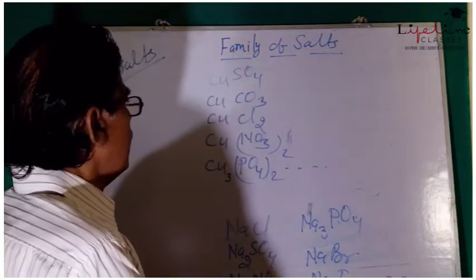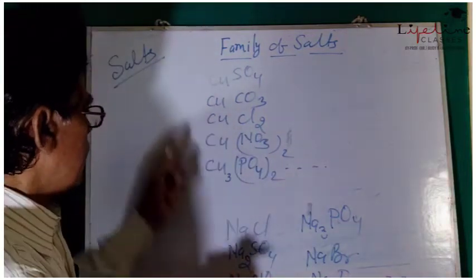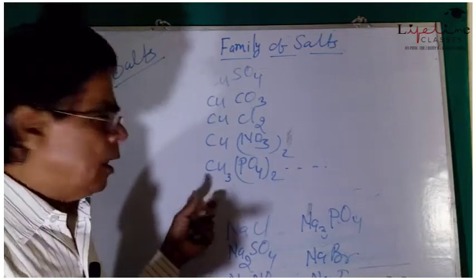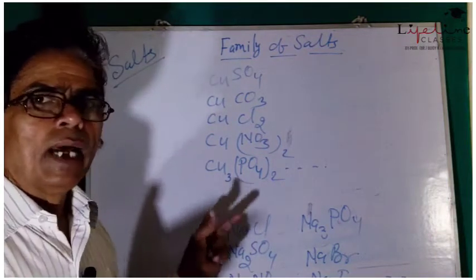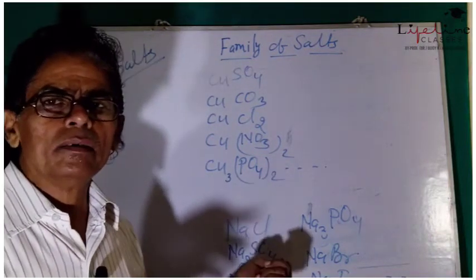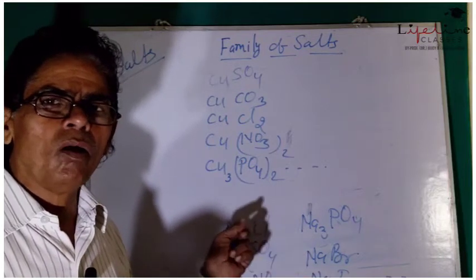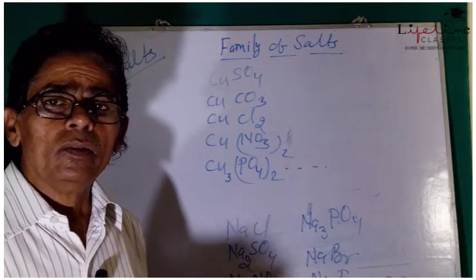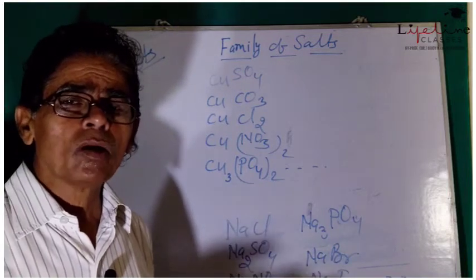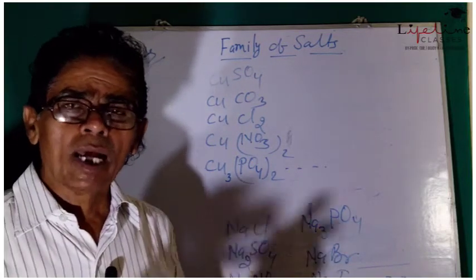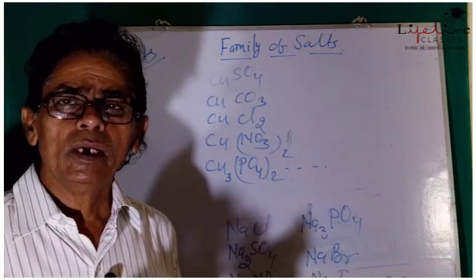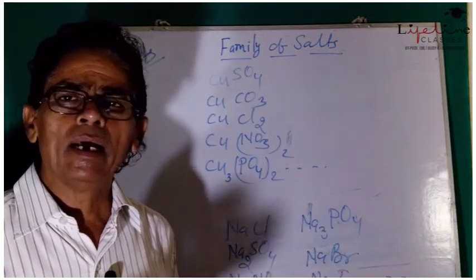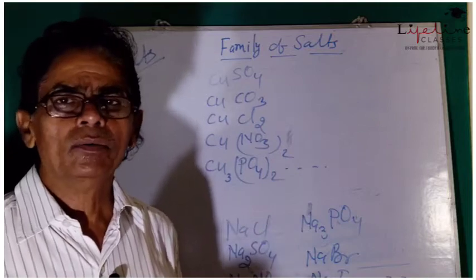So in the same way, here you have already seen that cations are common among all these salts. In the same way, there may be a collection of salts among which the anions may be common.